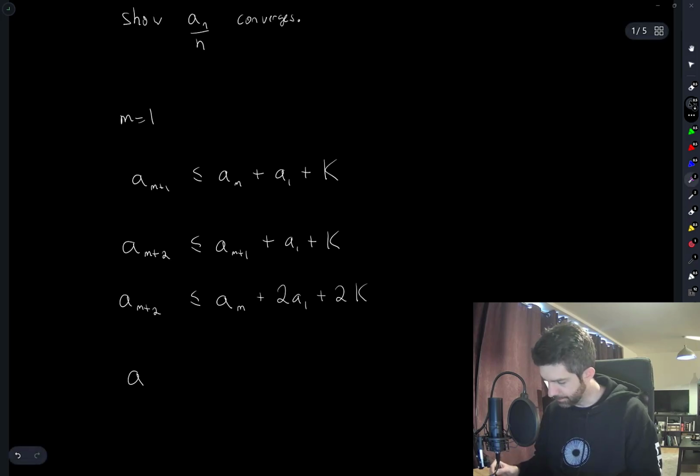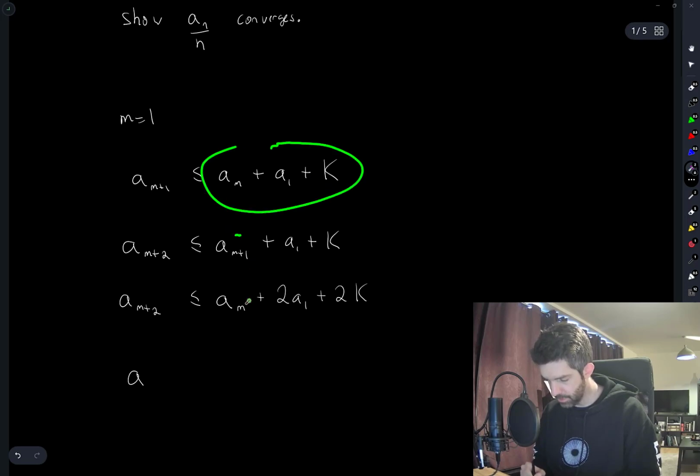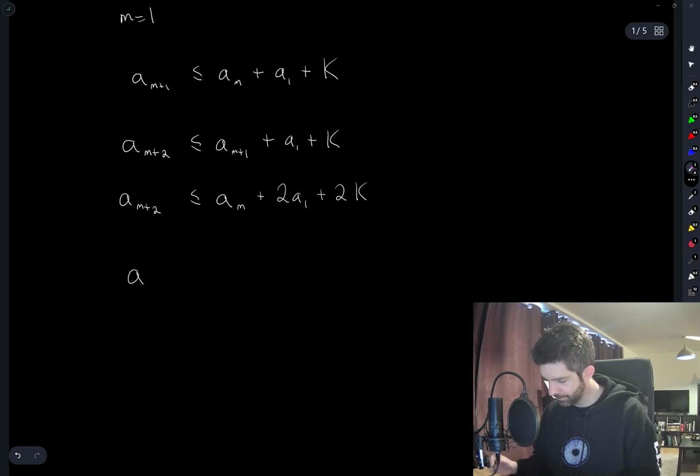Make sure I did this right. a_{m+2} is less than that. That's just this statement written for m plus 1. And then this, I can sub that in for it. Okay, yep.